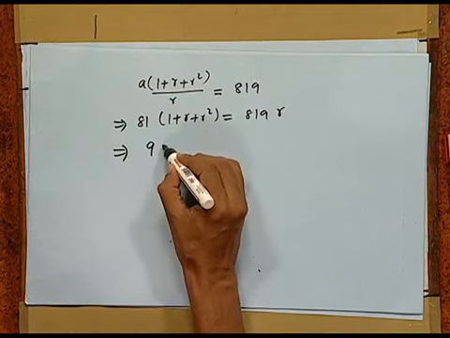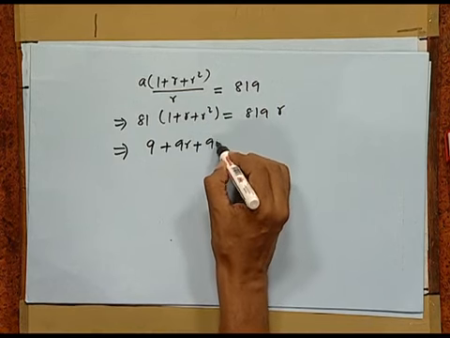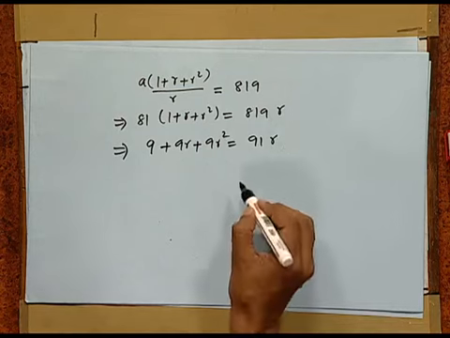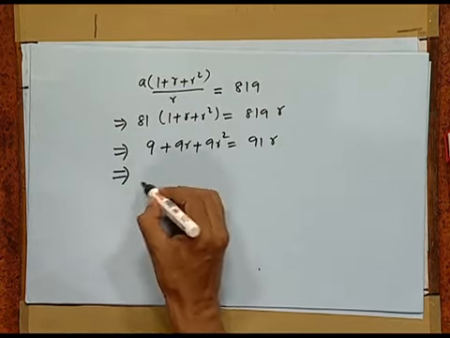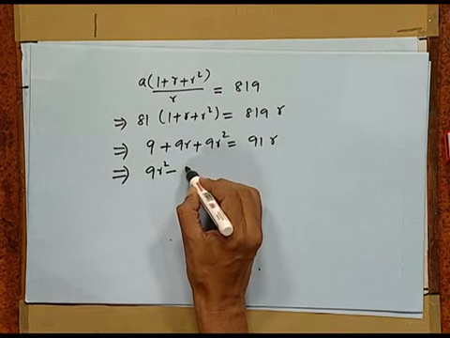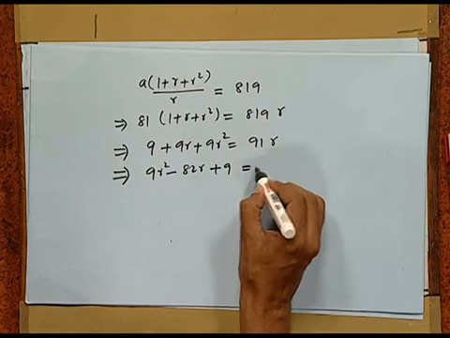So, you have 9 plus 9R plus 9R square is equal to 91R, which eventually becomes 9R square minus 82R plus 9 equals 0.